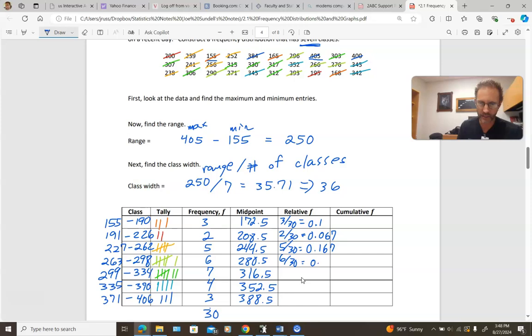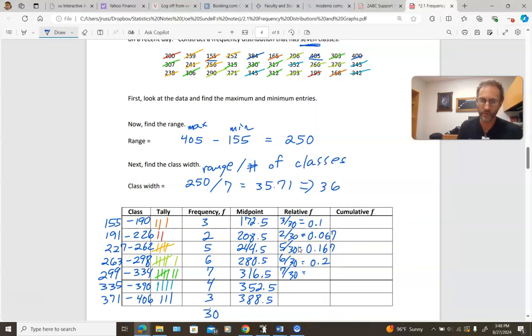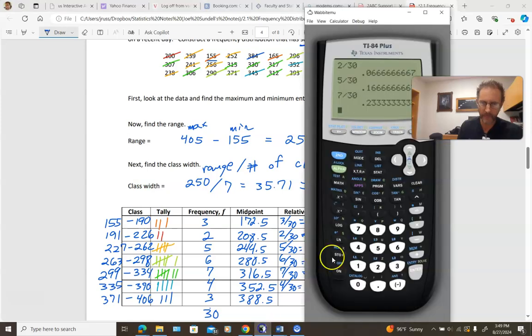And guys, that's just an even 0.2 or 20%. And then 7 out of 30. 0.233. 4 out of 30. 0.133.